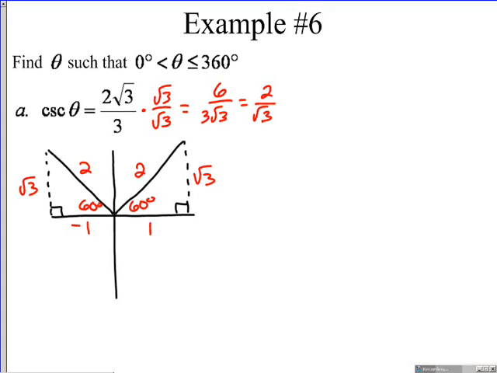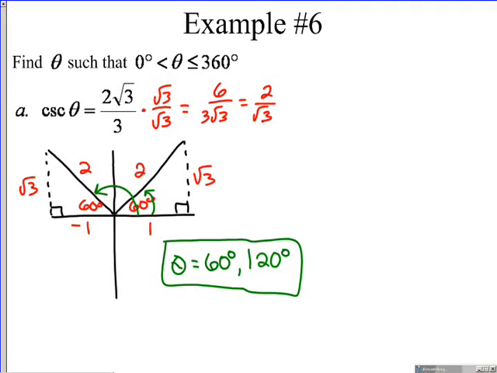So now the question is, what is our angle theta going to be for those two? Well, the first triangle represents just a rotation of 60 degrees. Our second one represents, though, this rotation. How far is that? Well, if we went all the way or halfway around, it would be 180. We go 60 less than that, so that's going to be 120 degrees to rotate to get to that terminal side.